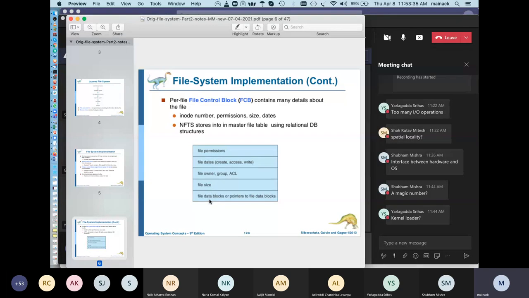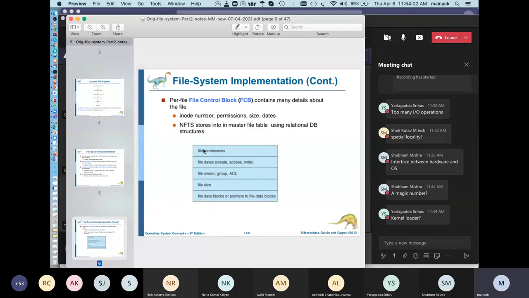The file size and the file data blocks or pointers to file data blocks. It can contain the file data blocks as a list essentially, or, more commonly, pointers to file data blocks.